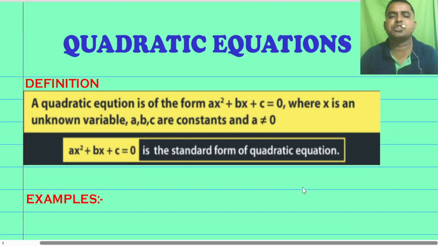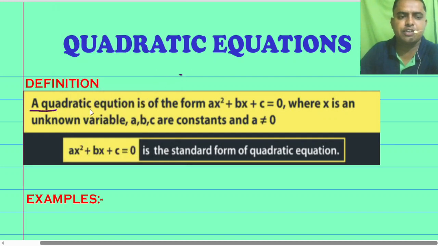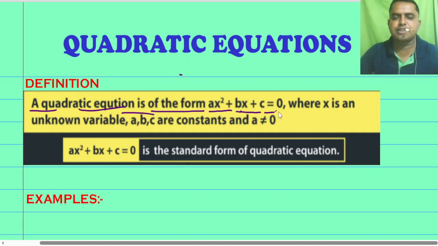Try to understand the definition of a quadratic equation first. A quadratic equation is of the form ax square plus bx plus c is equal to 0, where x is an unknown variable and a, b, c are constants and a is not equal to 0.